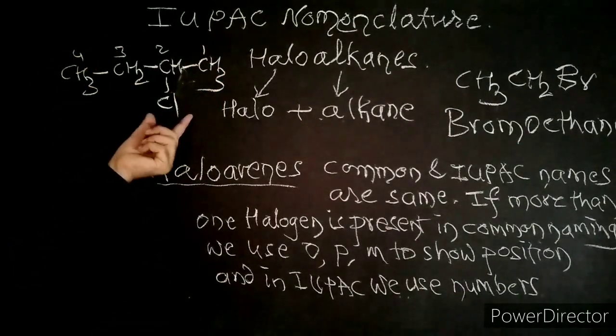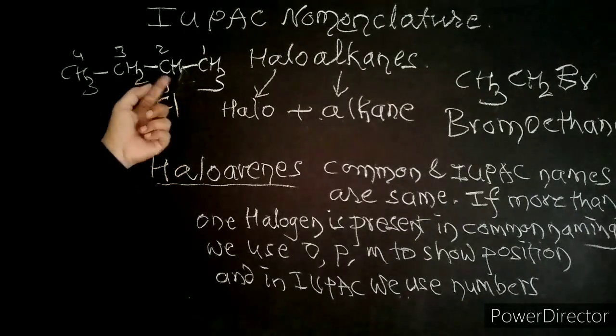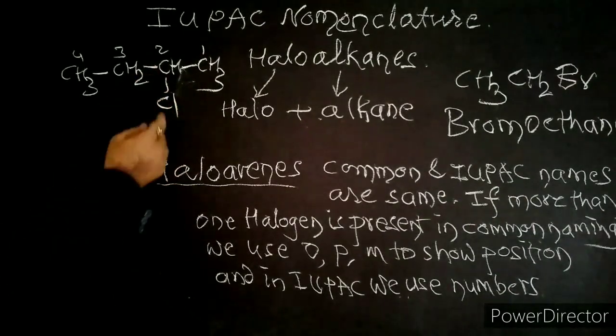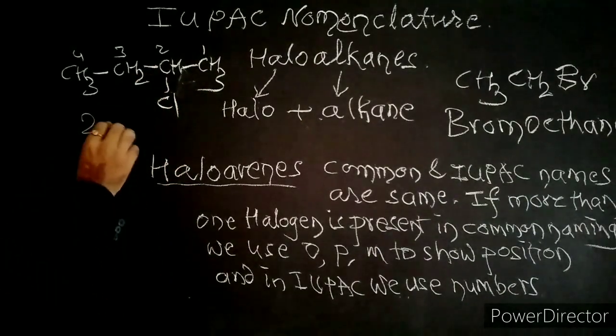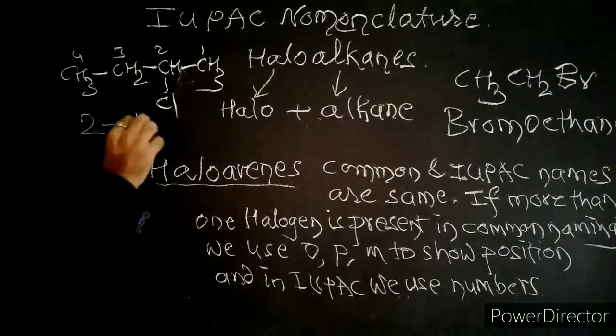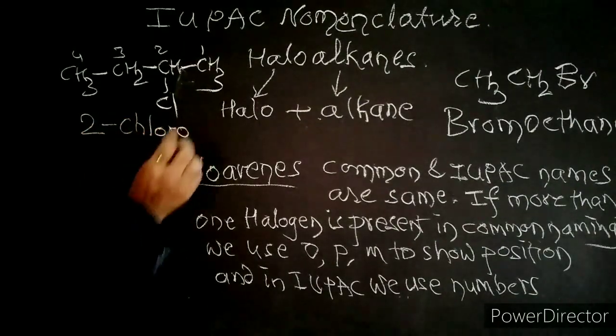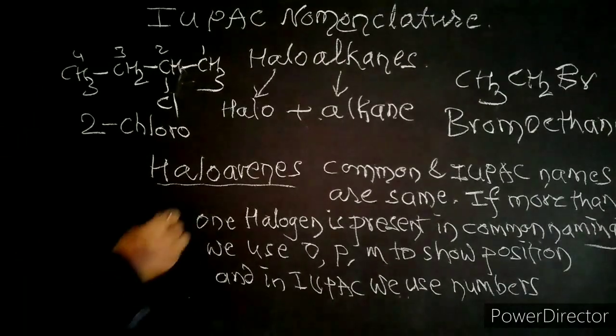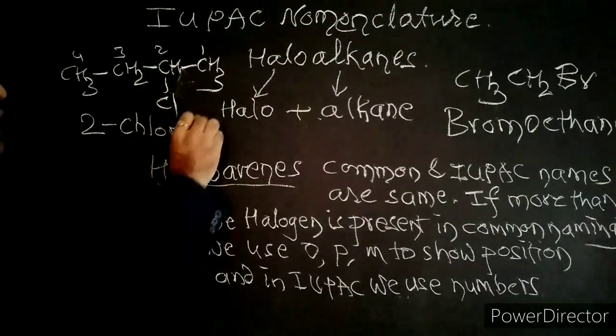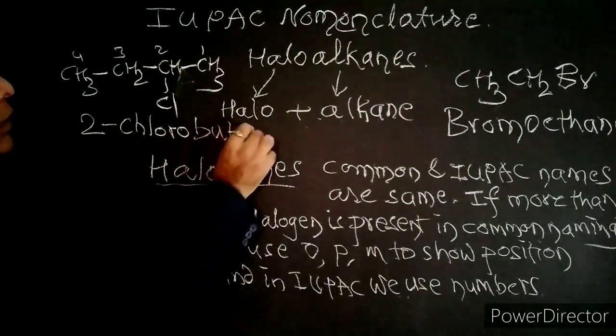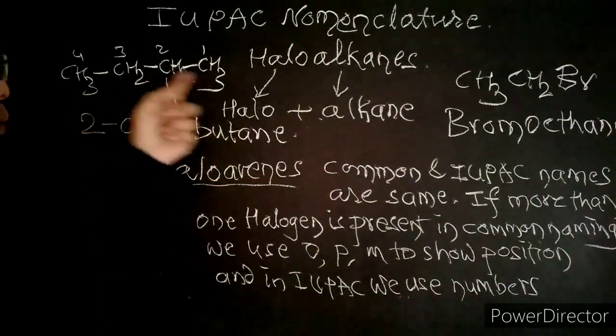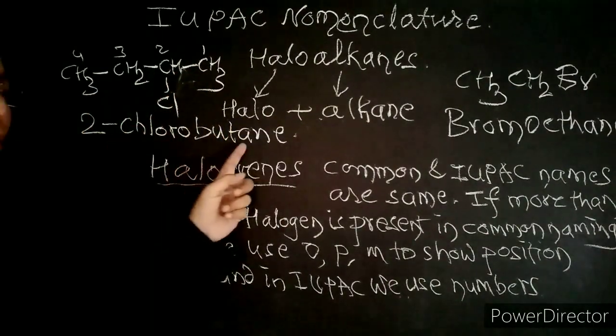Then the halogen atom is substituted on the second carbon atom. We have to show the position of the halogen atom, that is 2-chloro. Total 4 carbon atoms are there. Therefore, the alkane is butane. The IUPAC name of this compound is 2-chlorobutane.